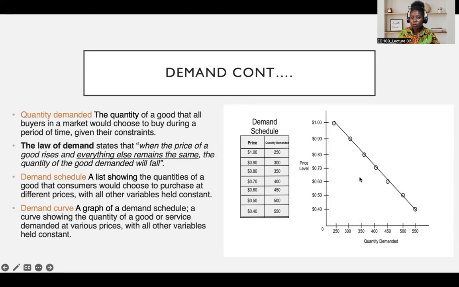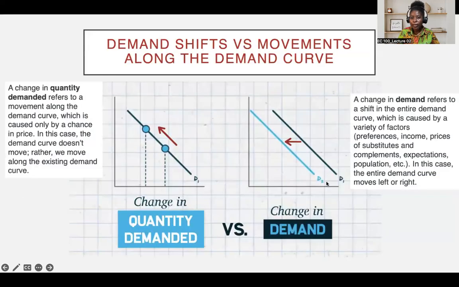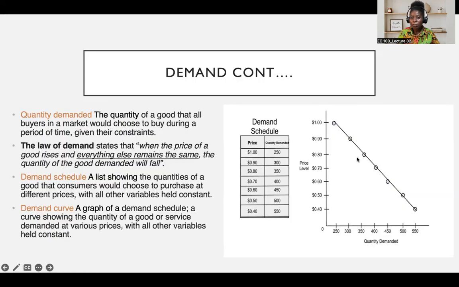You will move from this point to this point because price has increased from 0.7 to 0.8. The movement of quantity demanded from 400 to 650 has happened, but it is along the same curve, just upward or downward. The only change is price and other factors are constant.